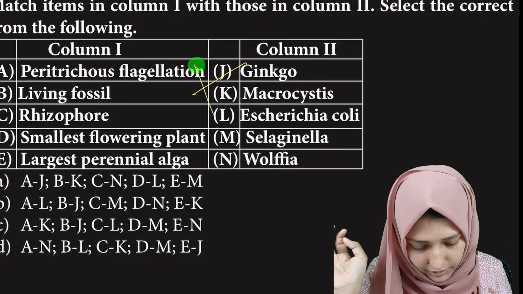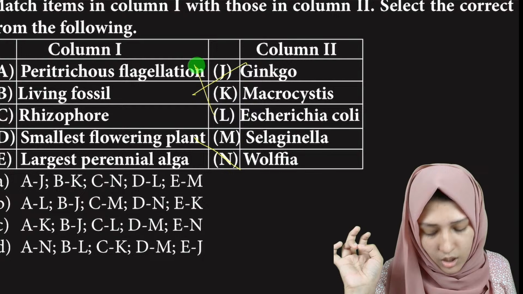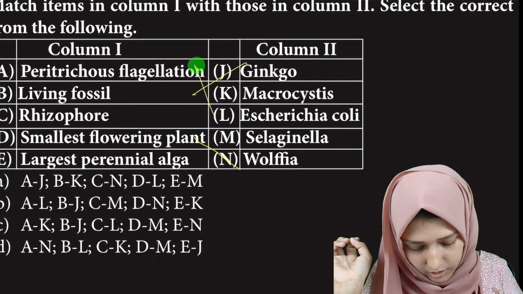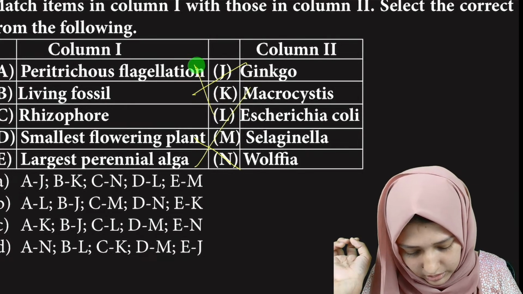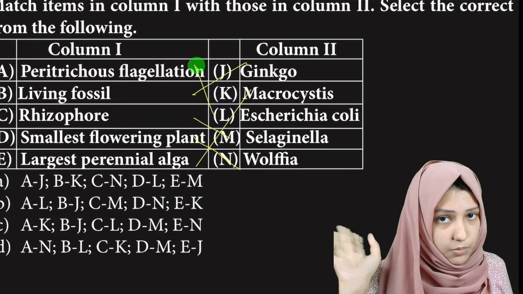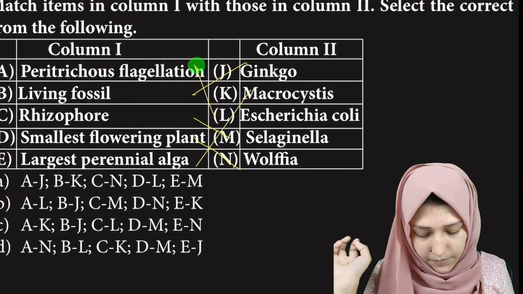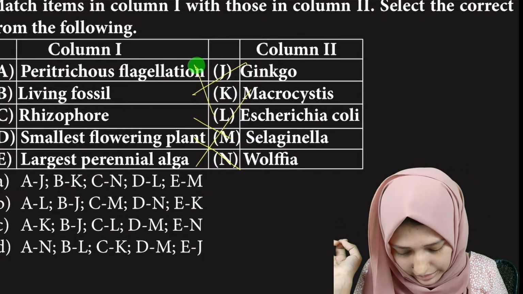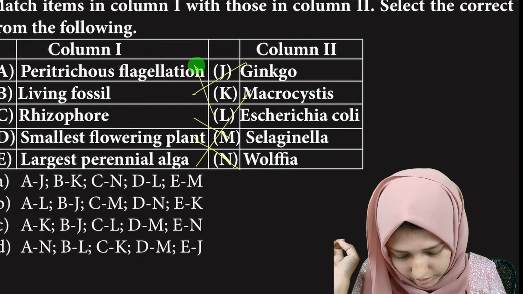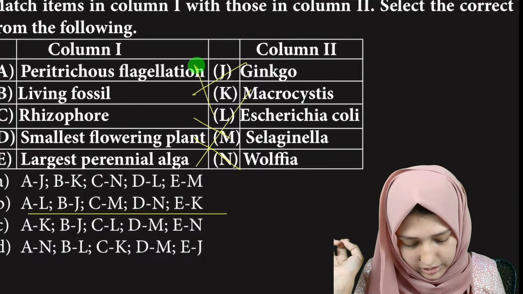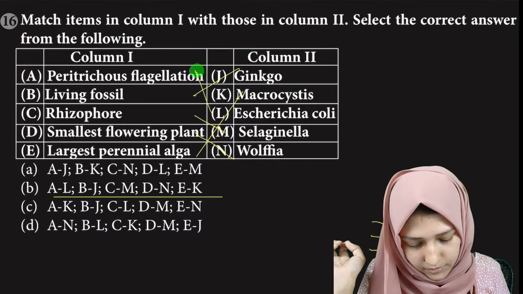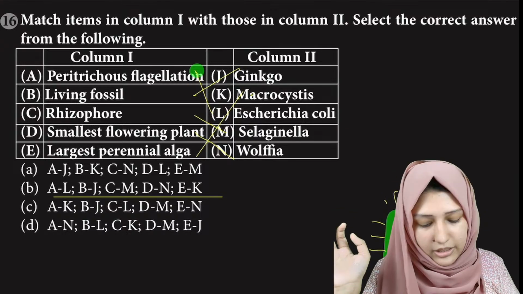Then smallest flowering plant is Wolffia, and the largest perennial alga, the one remaining, is Macrocystis. Rhizophore is for Selaginella because it is a pteridophyte. Okay, so now let's see: A for L, B for J, C for M, D is N, and E is K.